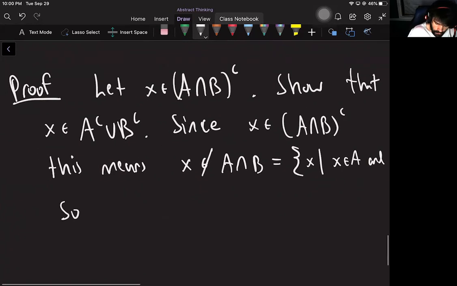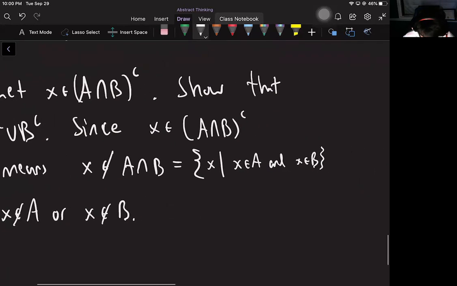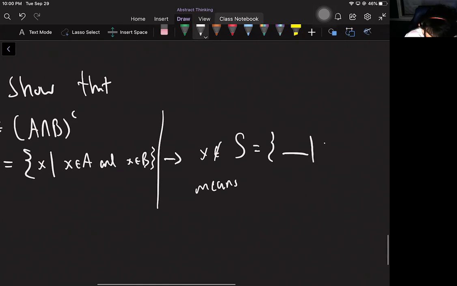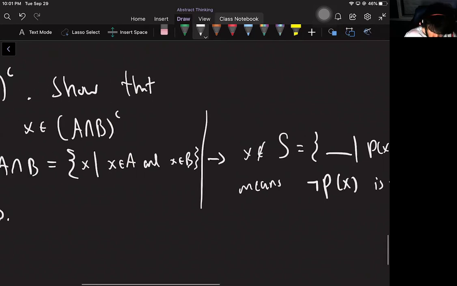So X is either not in A or X is not in B. And the way I could think of that is, again, this would be like scratch work over here, thinking about the fact that something not being in a set means that, whatever this stuff happens to be with some predicate, the negation of that is true.